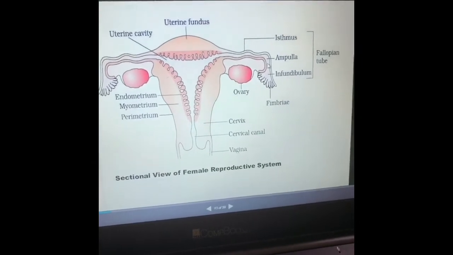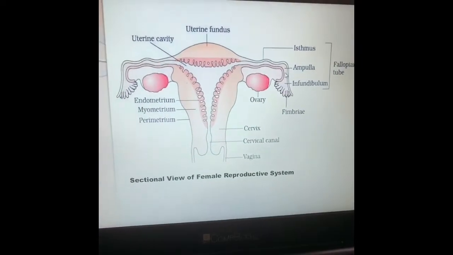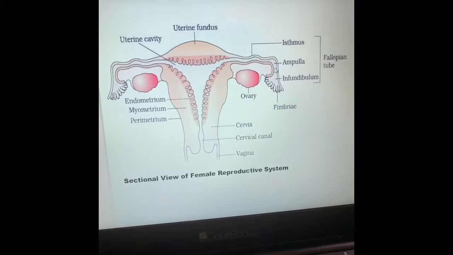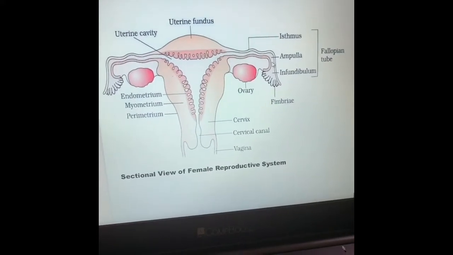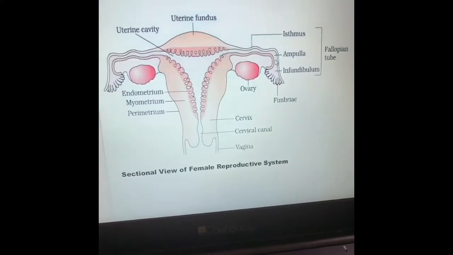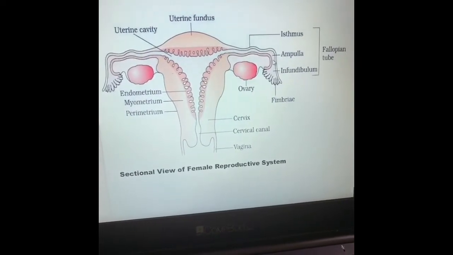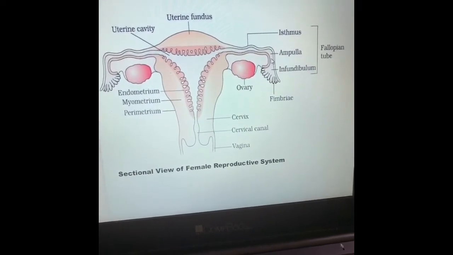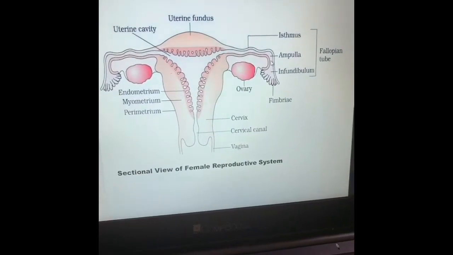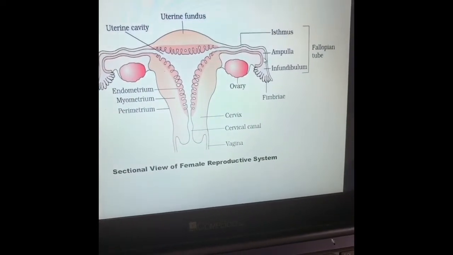So the ampulla is the long, wide, thin walled part of the fallopian tube next to the infundibulum, and just after that is a very short, narrow, thick walled, straight part that follows the ampulla. This is known as the isthmus.